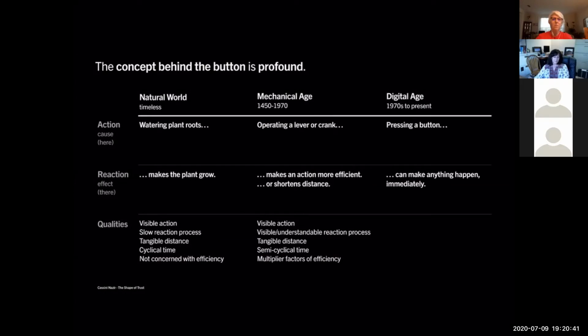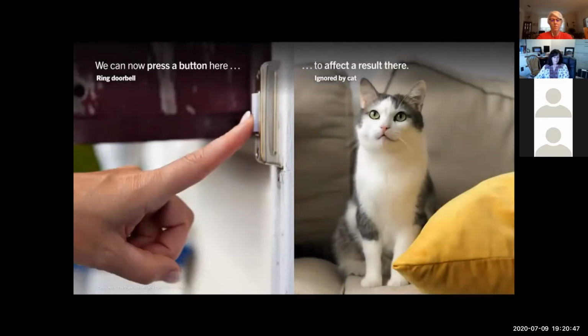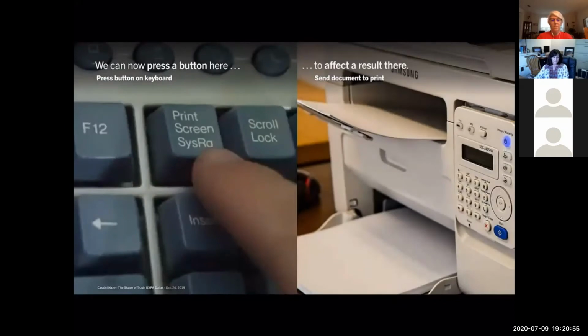We can press a button to ring a doorbell, to get ignored by the cat that's inside the house. We can press a button on a keyboard to print the screen to affect a result across the room. We've been able to do that for quite some time. And we've all been doing this.